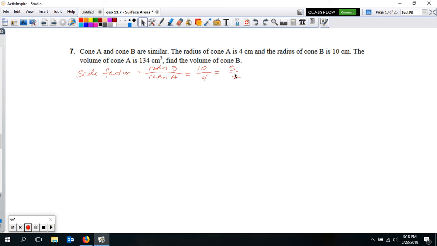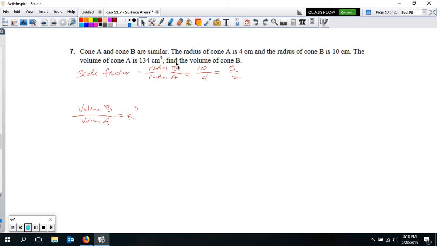So now, if we were to cube this, we've got to cube our scale factor. It's going to equal the volume of B over the volume of A. Since I am doing B over A, I've got to continue with B over A. So we know the volume of A, we can plug that in, 134. And here's why I'm doing this. You might think, okay, why don't I do cone A on top?